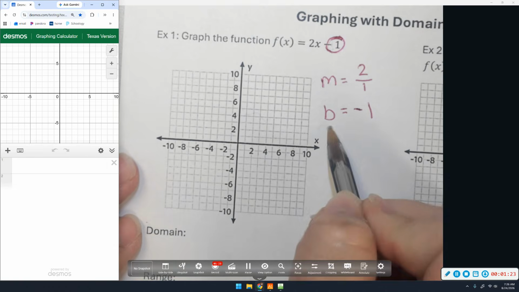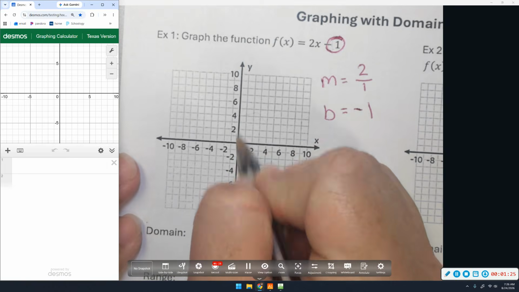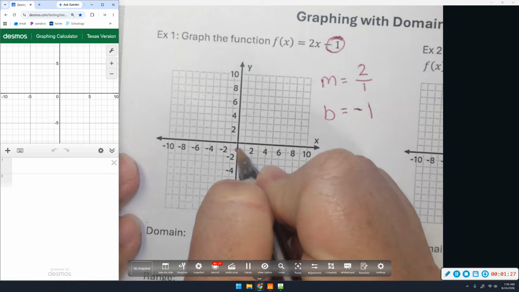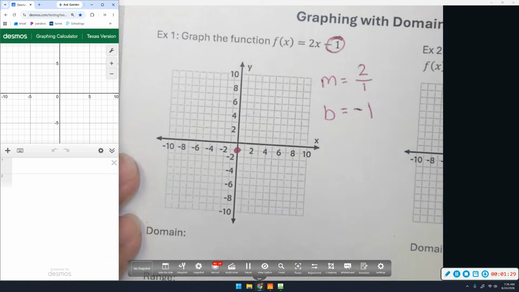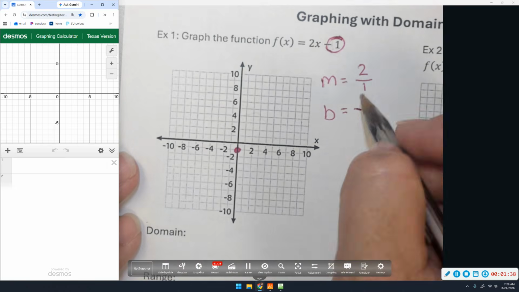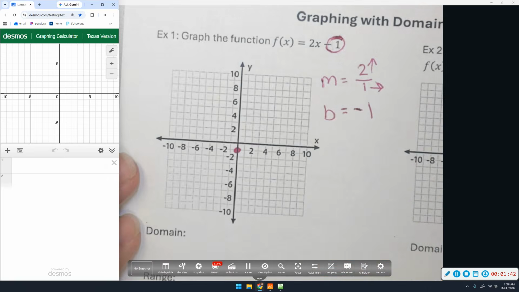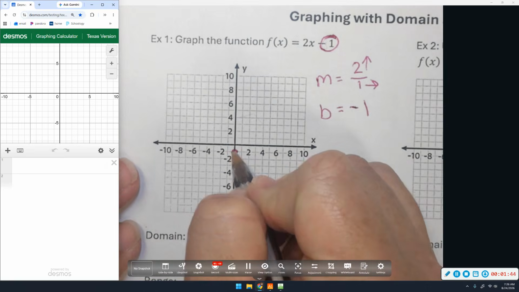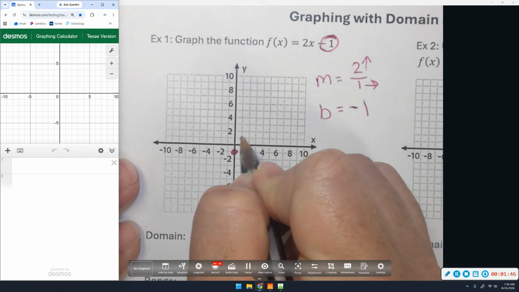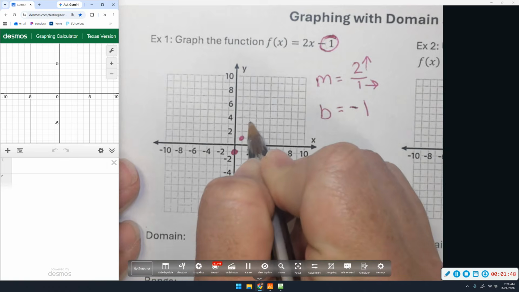So remember, we begin at -1. So on my y-axis, I'm going to put a point at -1, not my x-axis. Everybody okay with that? Okay, and then I move up 2, right 1. Up 2, right 1.